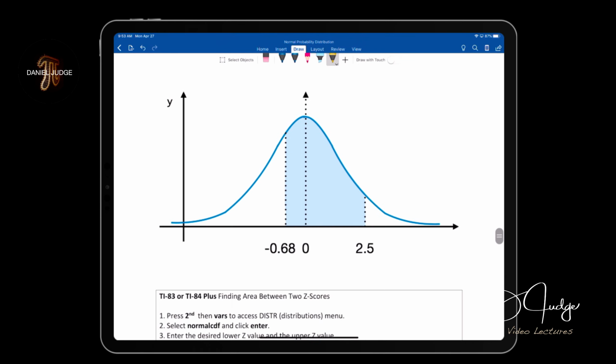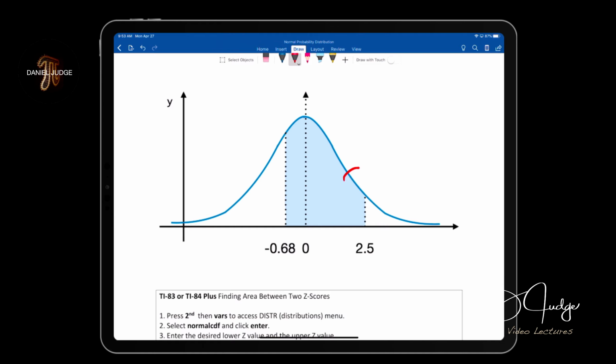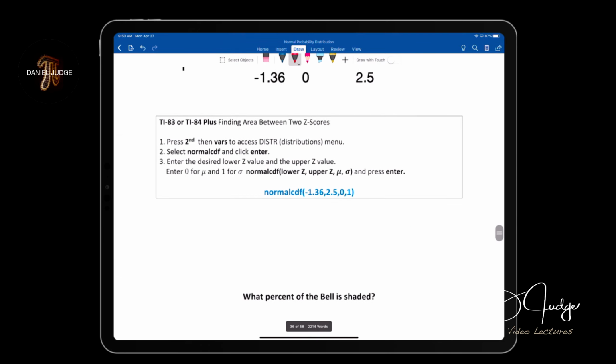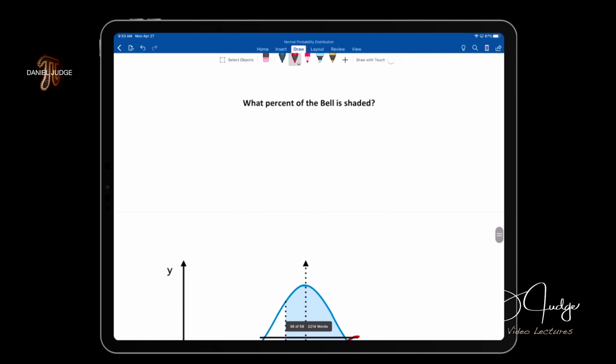Negative 0.68 to positive 2.5. So you could say the 2.5 we already found. 49.38, prior problem.